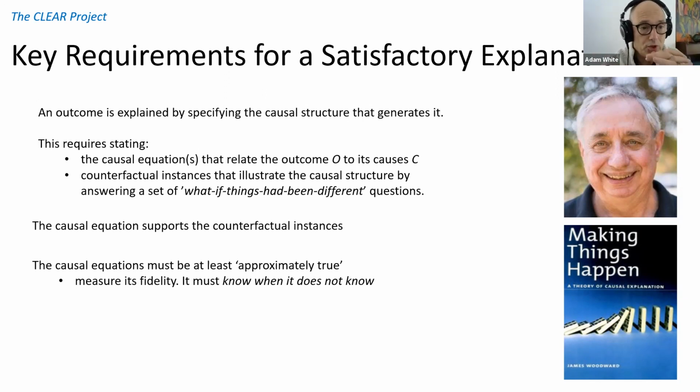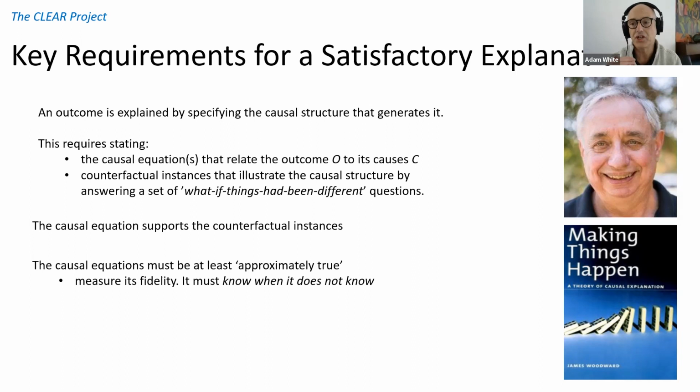Okay, and for Woodward, to specify the causal structure requires stating, firstly, a causal equation that relates the outcome, the prediction, to its causes, the features. And it also requires stating a set of counterfactual instances that illustrate the causal structure by answering a set of what-if-things-had-been-different questions.